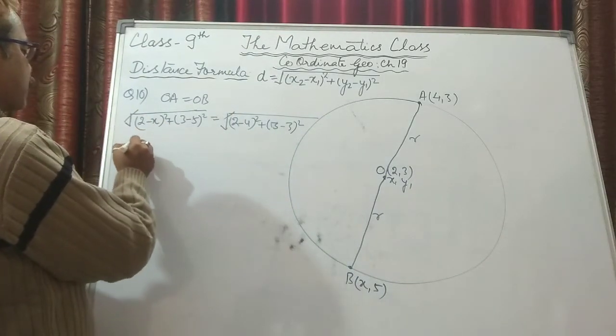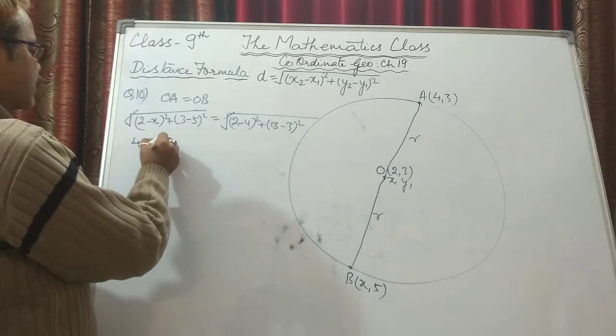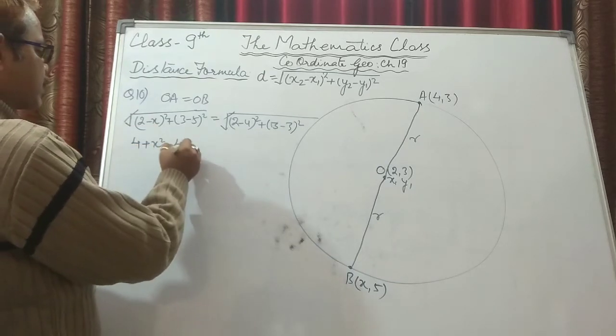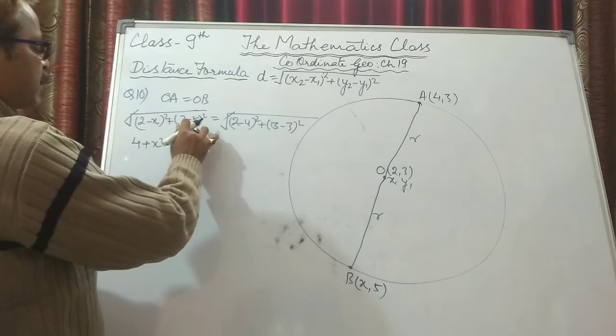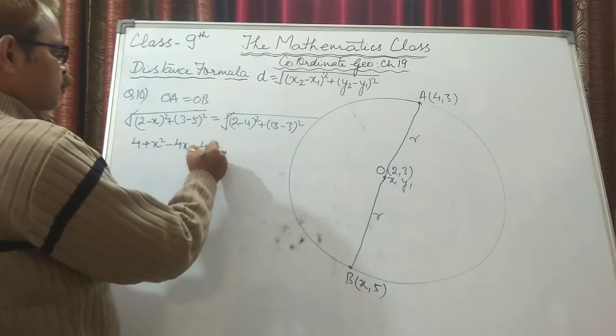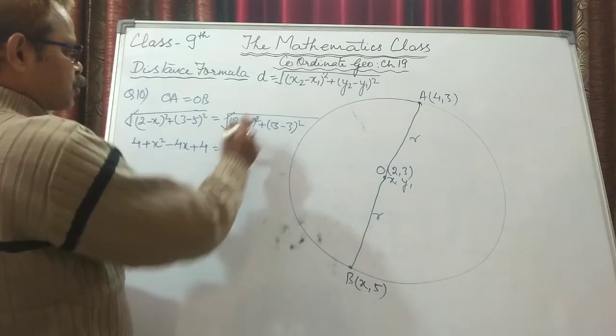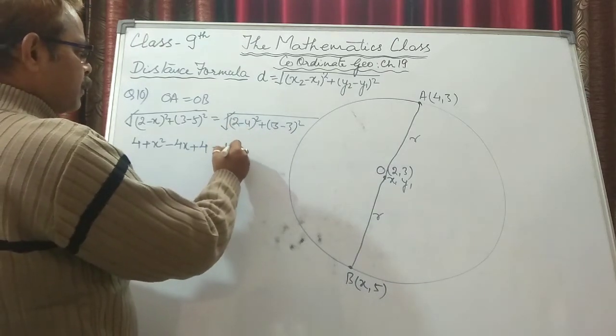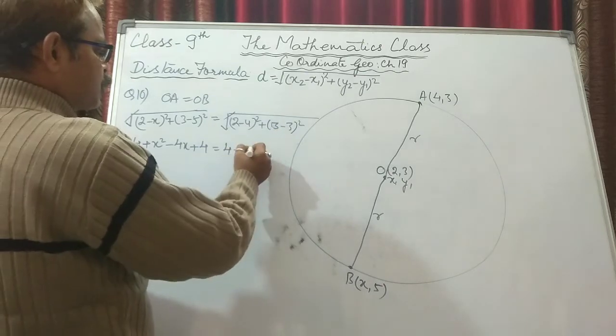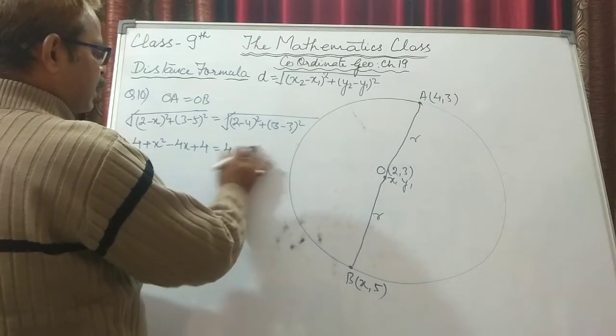This will be a² plus b², x² minus 2 times 2 times x, that is 4x, plus 4. 3 minus 5 is minus 2, minus 2 squared is plus 4. On the right, 2 minus 4 is minus 2, minus 2 squared is 4, and plus this is all 0, so either you write or you don't write, it hardly matters.